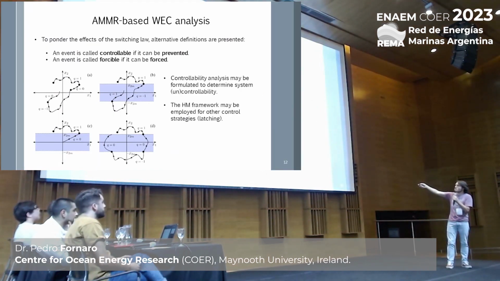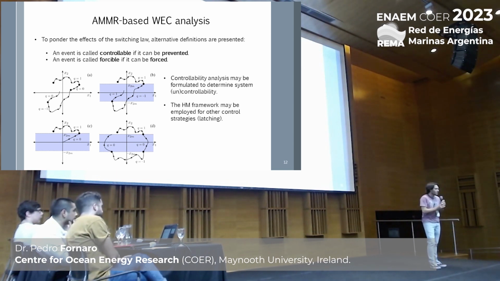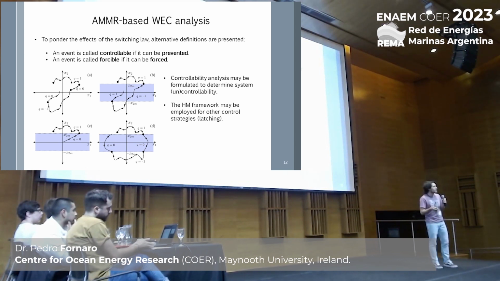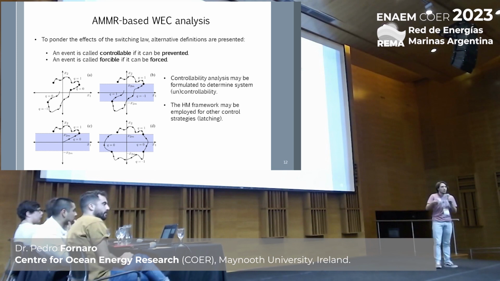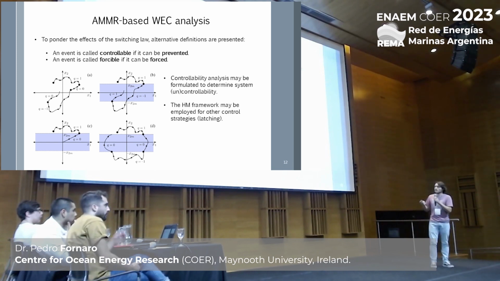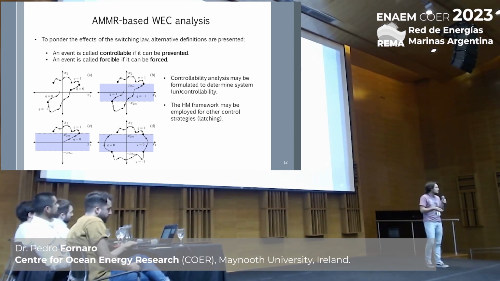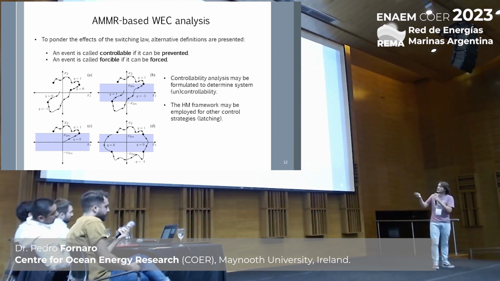Okay, so one of the things that happens when we face the control problem, as I mentioned before, is that we also need to deal with what we can do with the switching in the system. So we need to extend some of the conventional controllability and stability definitions to also include what happens with the events.